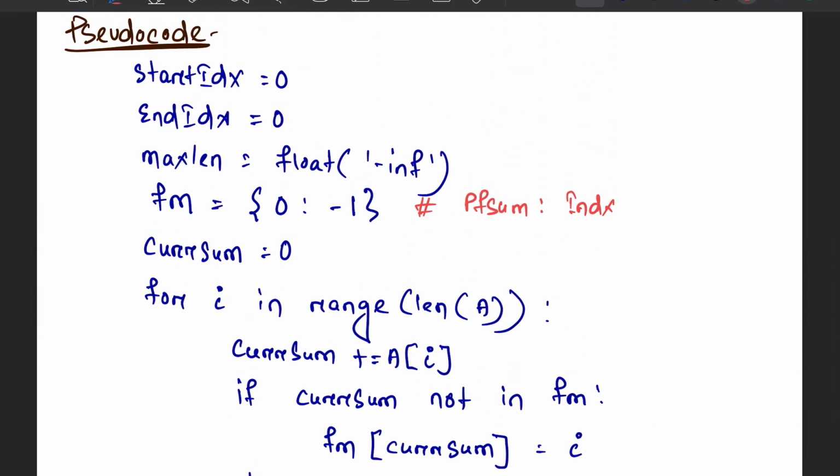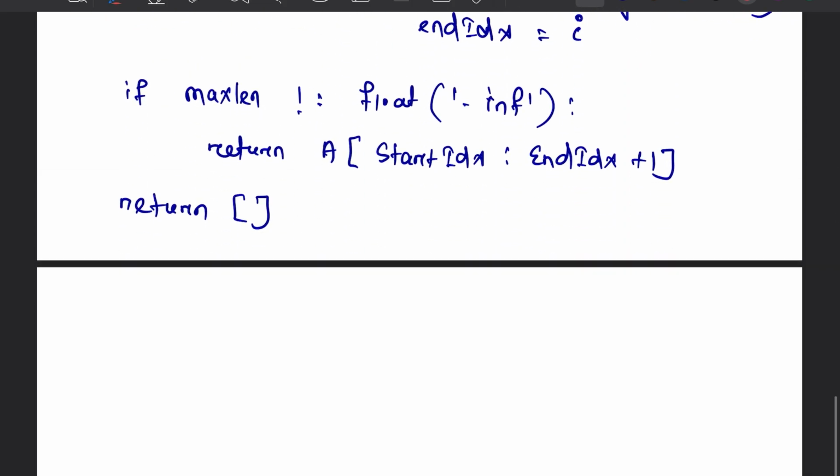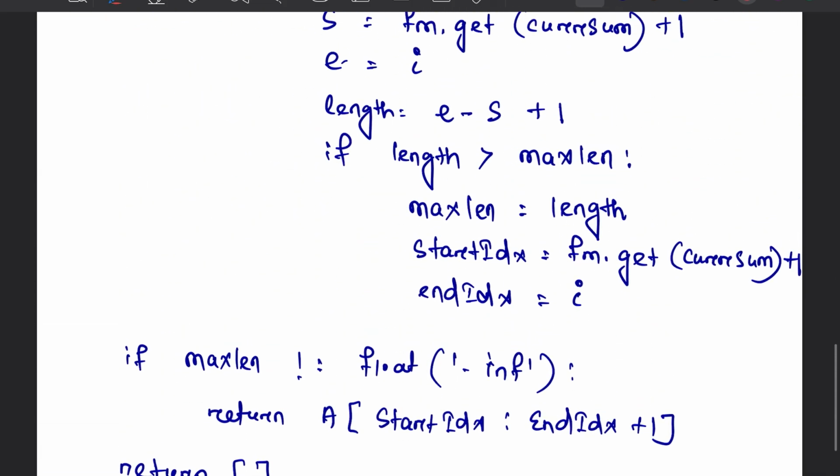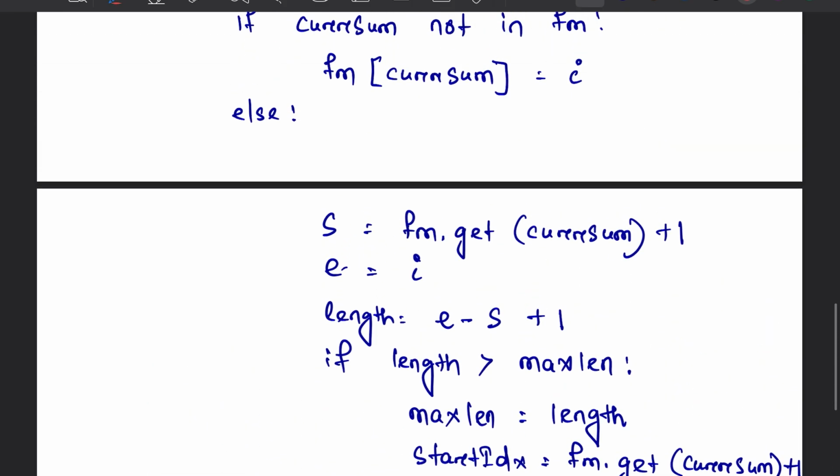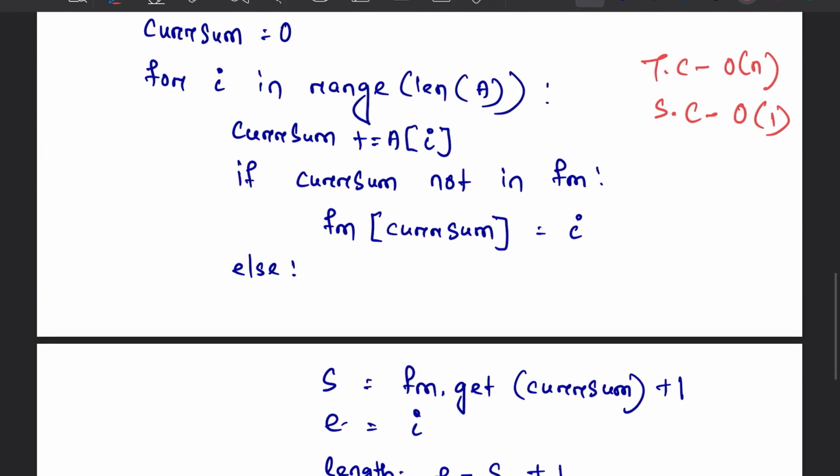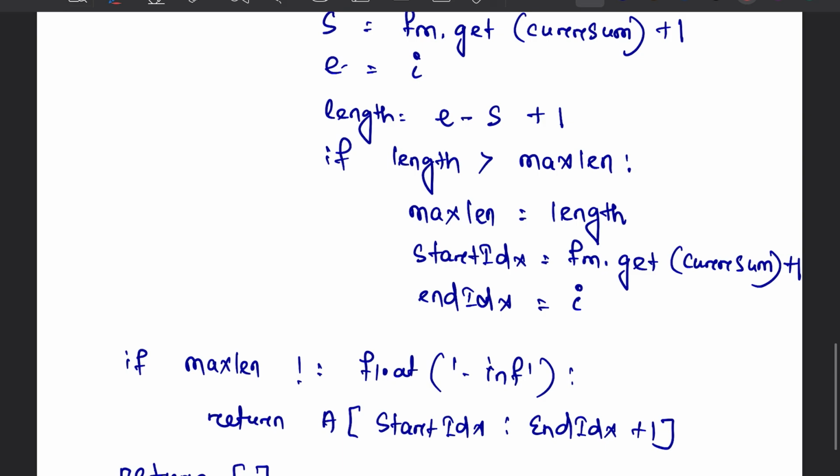So our time complexity will be O of n, and our space complexity will be O of 1, because we are asked to return the subarray. It is the desired output, so it is O of 1 only. And if we are asked to return the maximum length, we can return this maximum length here itself.